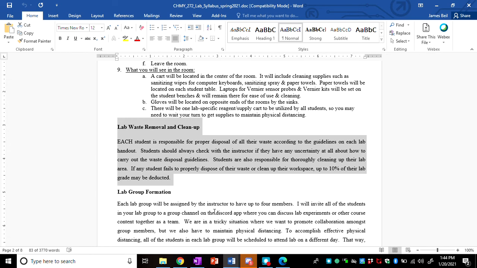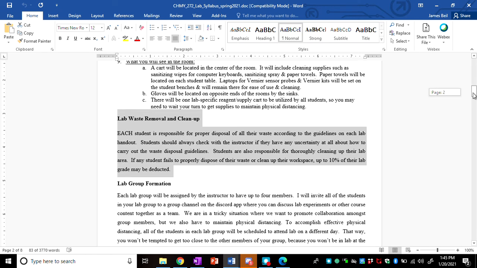Unless you're collaborating to set up one reaction in one hood, if you're testing something or you're doing different activities, you can always overflow into either the Sanger hood or the Fisher hood if you need to, but we want to try to keep those spaces clean in between labs whenever we can.